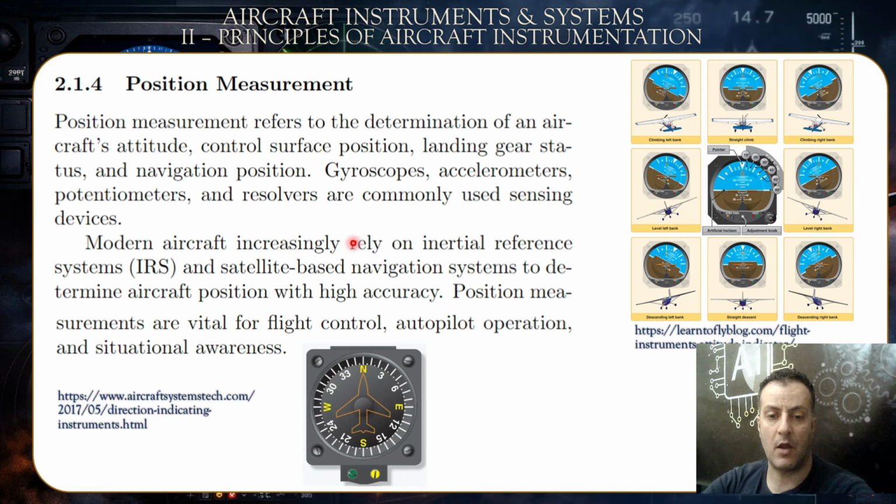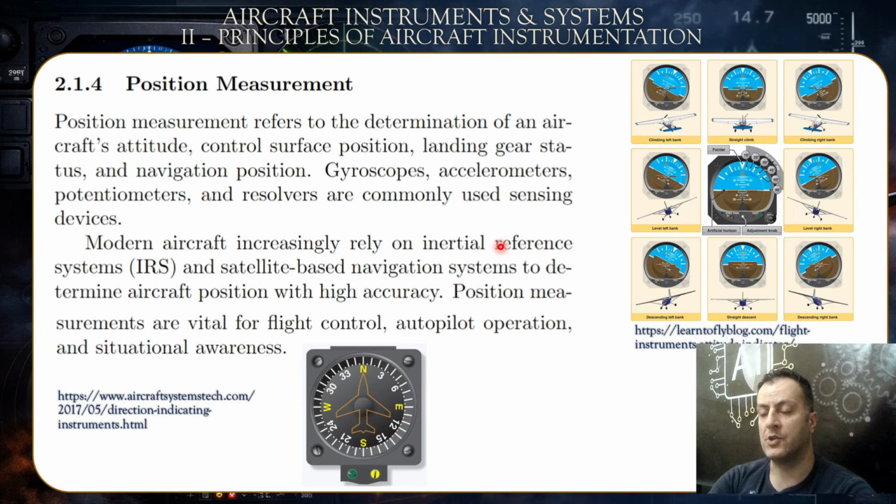So modern aircraft increasingly rely on IRS, or inertial reference system. Inertial reference system is what gives you the position on the Earth. Its name is ADIRU, I believe, Air Data Inertial Reference Unit.